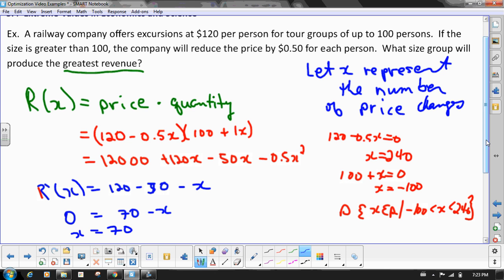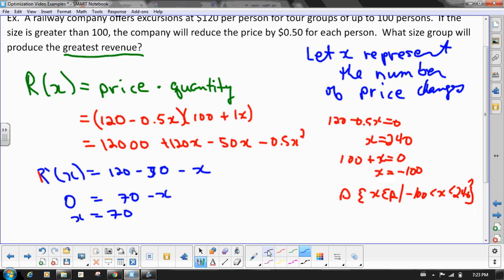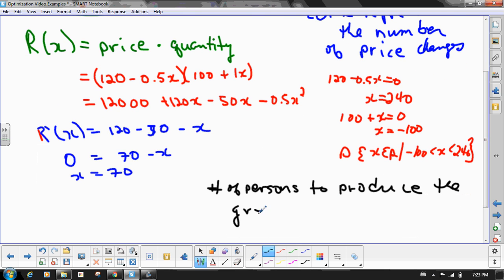So now I go back and look at the question, and the question is, what size group will produce the greatest revenue? So I just found that x has a value of 70, so my number of people to produce the greatest revenue is 100 plus 70, which is 170.